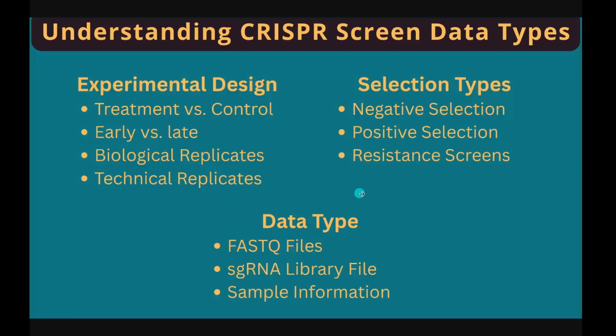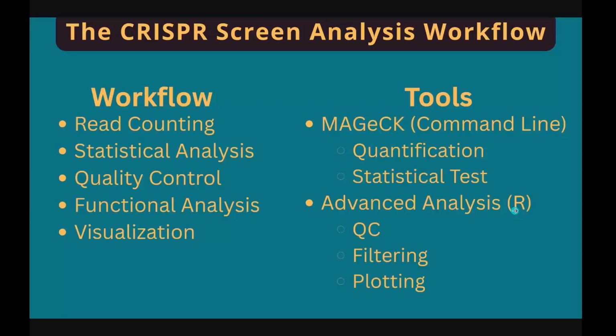The data you get from a CRISPR screen includes FASTQ files, a single guide RNA library file, and a sample information table. The workflow of the CRISPR screen analysis is very similar to the one for RNA-seq analysis. The steps include read counting, statistical analysis, which is basically a DE analysis, quality control, functional analysis, the GO enrichment analysis, and visualization.